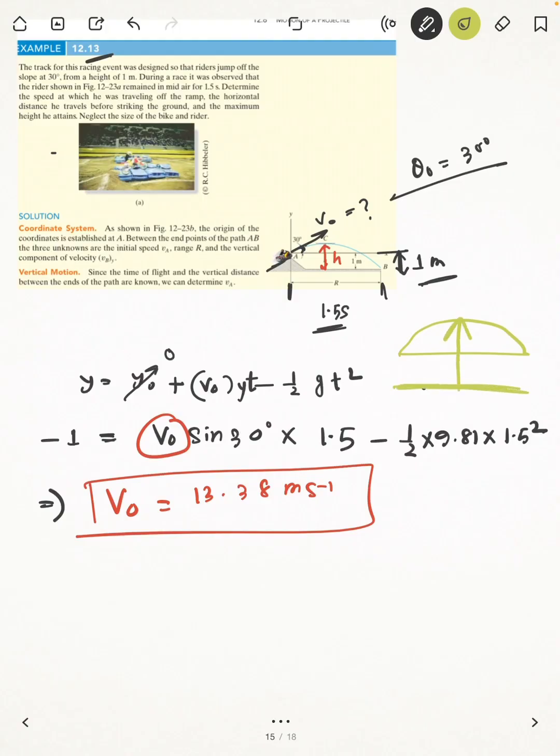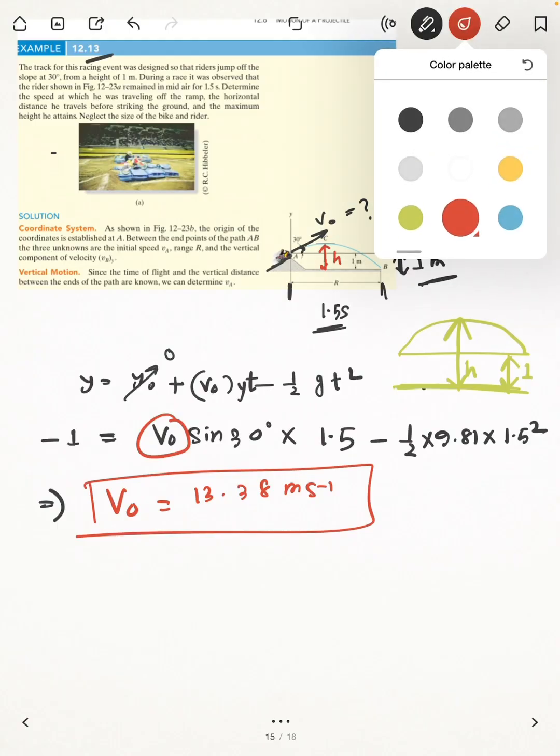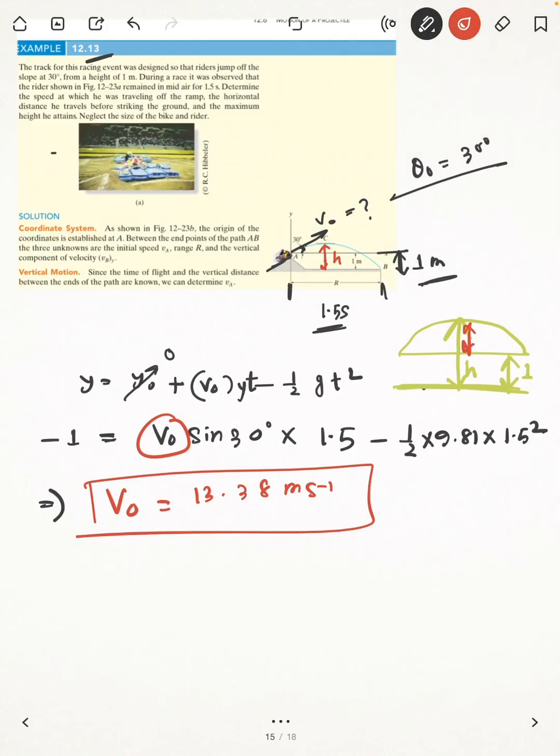From here, this distance is given as h, and this distance is given as 1. So what should this distance be? This distance is h minus 1, and that is above the x-axis.